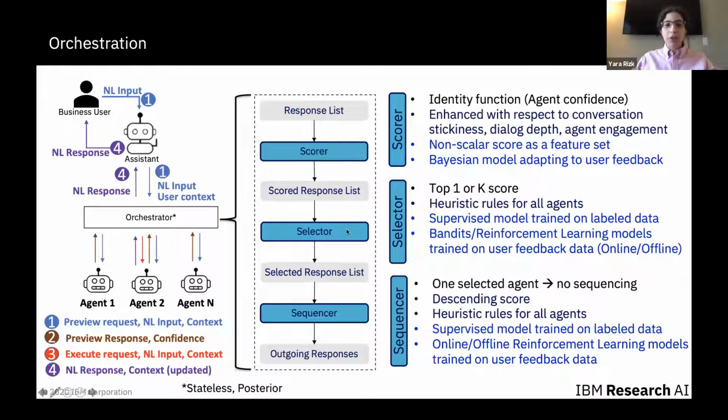Now, for each one of these different blocks, there are different approaches that we can adopt. For example, for the score, it can be as simple as using the agent confidence as the score. In that situation, we can use a simple selector that just picks the highest confidence. And then if we're only picking one, there would be no need for a sequencer.